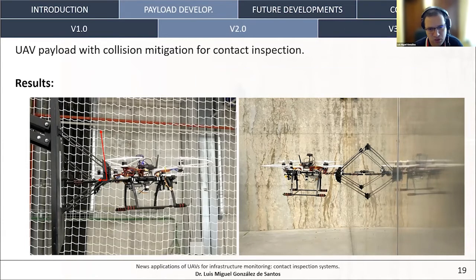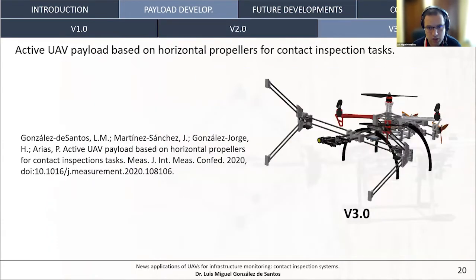So taking this into account, we developed a new version, the third version of this payload. But in this case, it is an active payload that contains 2 motors in the back of the system to make this approach, and also to maintain the contact.